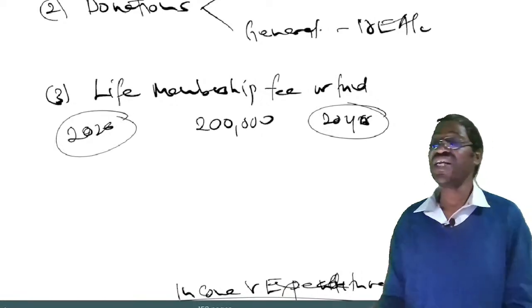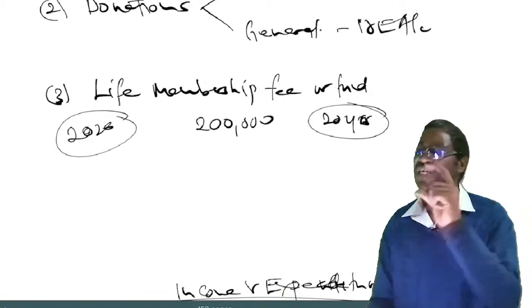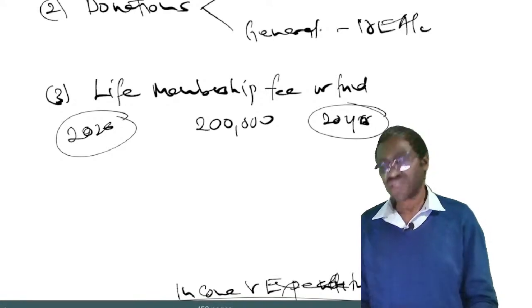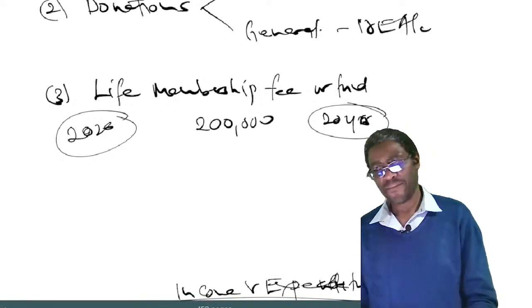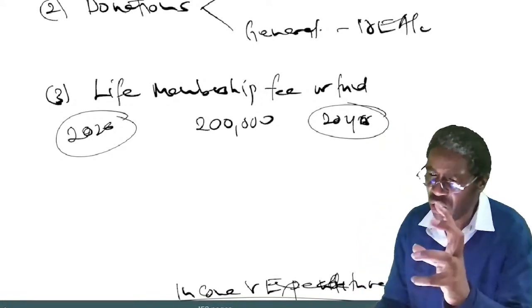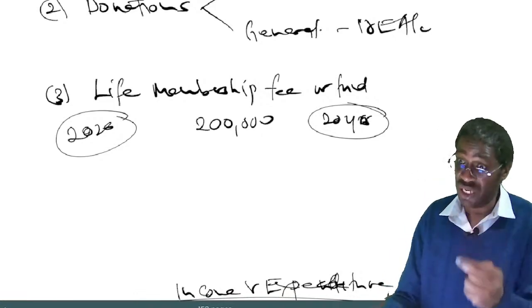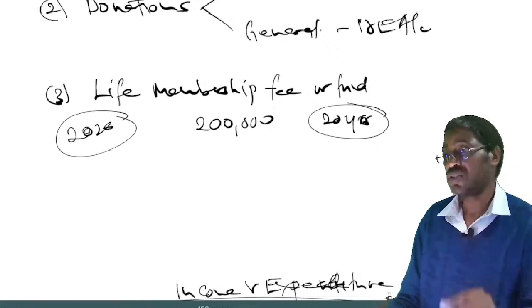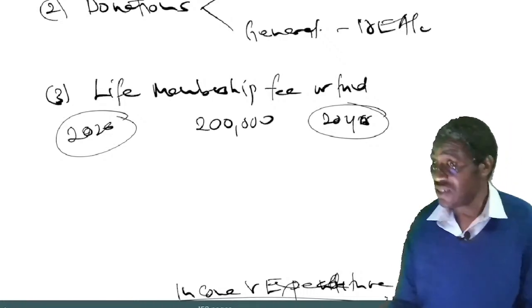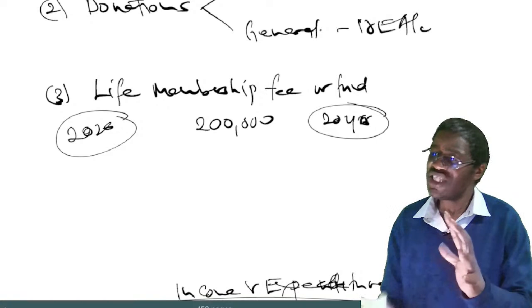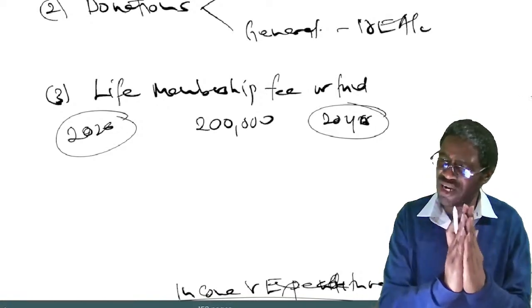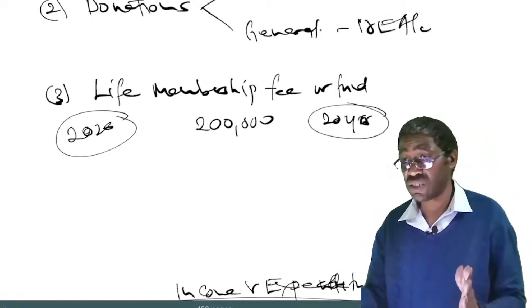So this year, in the year 2020, we received 200,000. Will you take all of that 200,000 as the income for the year 2020? No. Again, remember, this will be income to be recognized in the next 20 years.